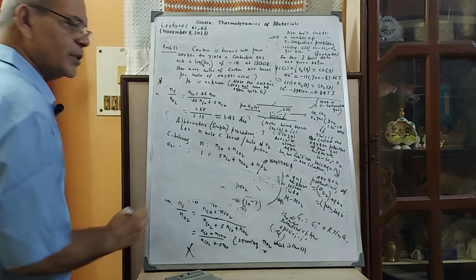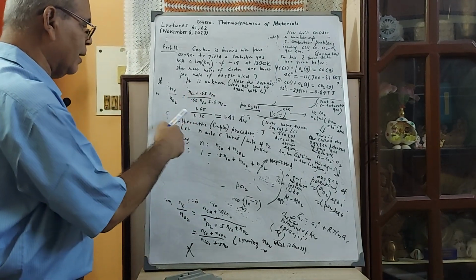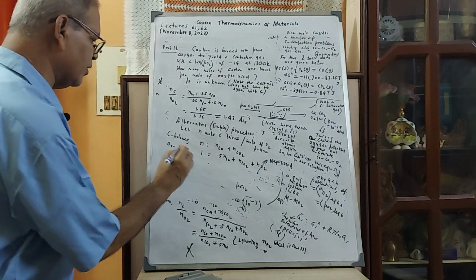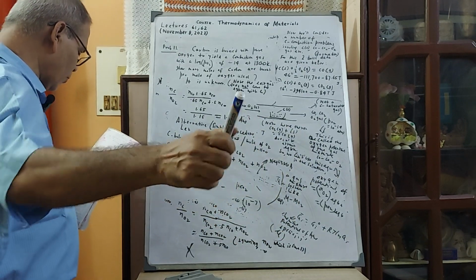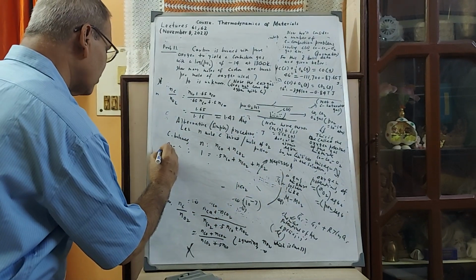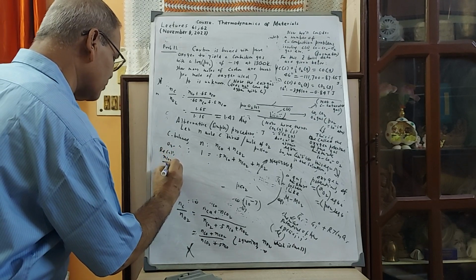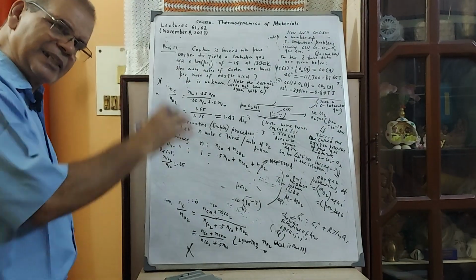I've removed that paragraph. What is the nCO2 by nCO? Recall that value, 0.65. I have removed this, but the relation is there: 0.65.